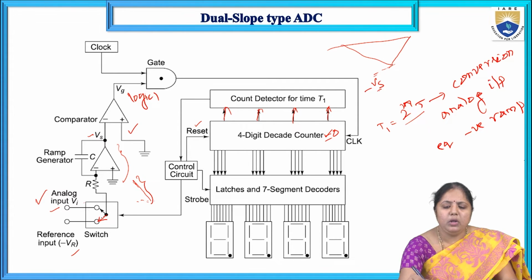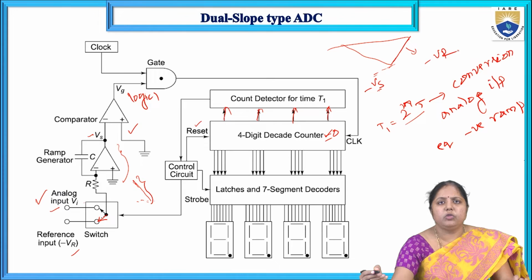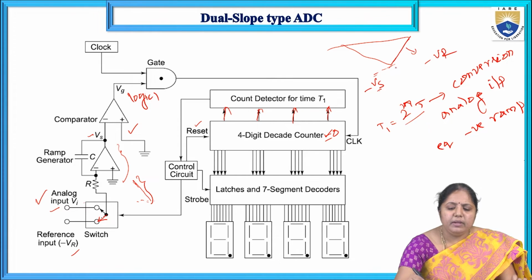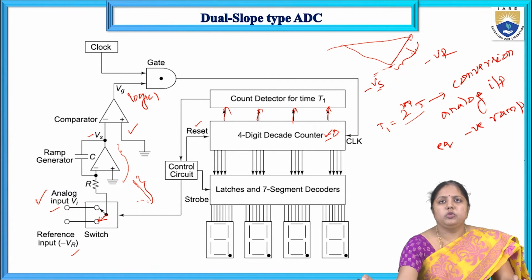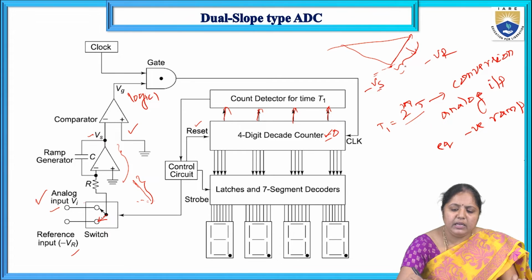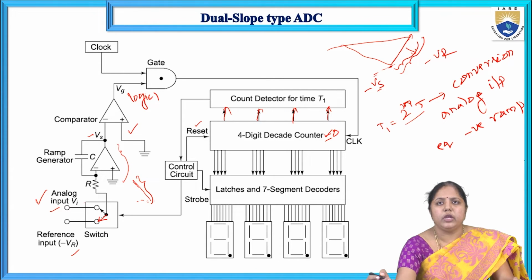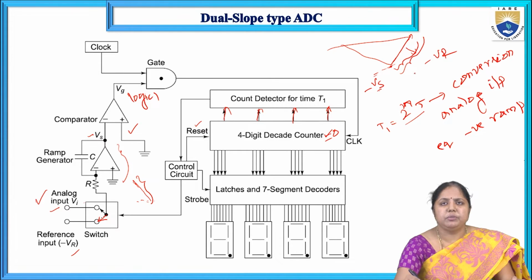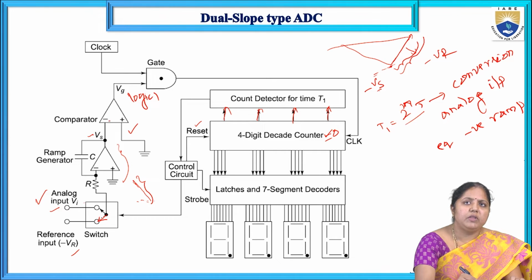From negative ramp to positive ramp, when the reference voltage value is given as minus Vr, at that time your ramp signal changes from the negative type of slope towards the positive type of slope, right? So during this conversion process, what is the input of the comparator?